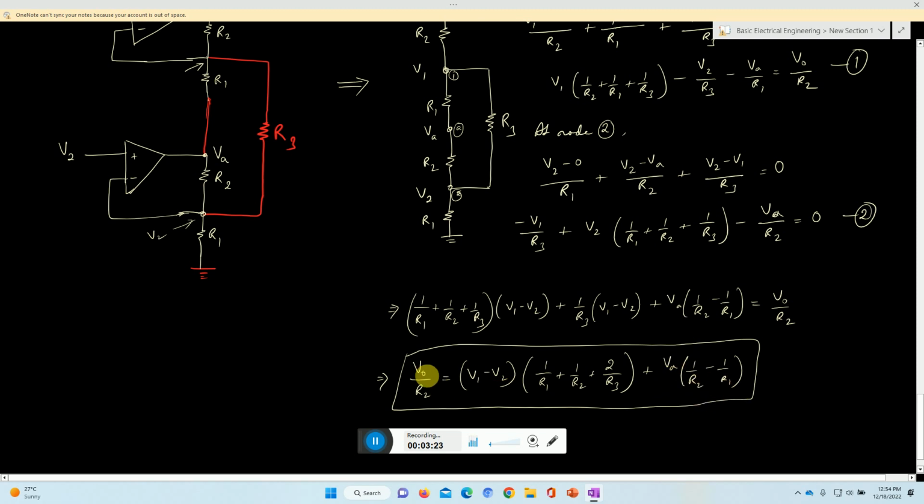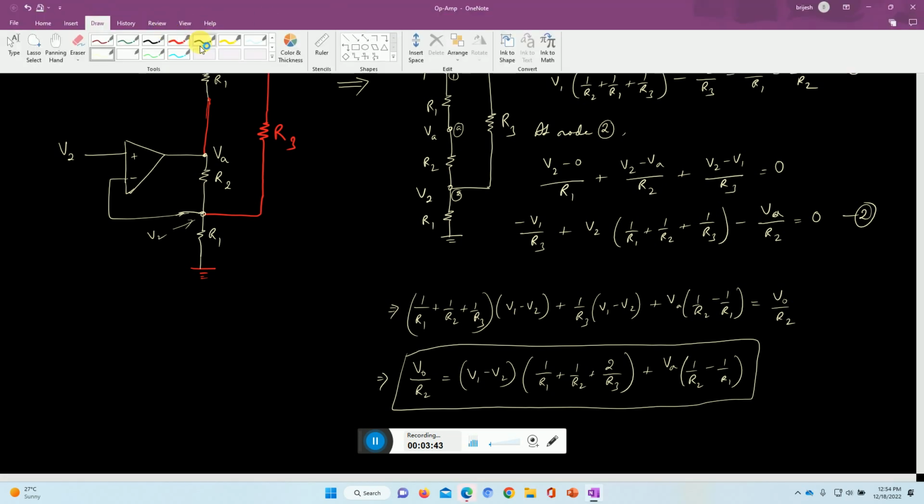That is how we get V0, by multiplying R2 over here and here. But VA is also a terminal voltage, and we want to remove this VA from this expression. The problem is that we are not able to remove it.